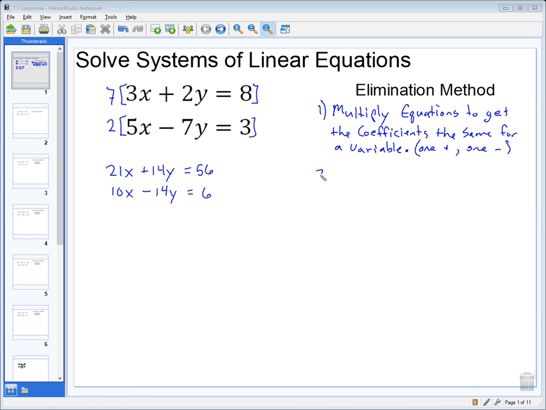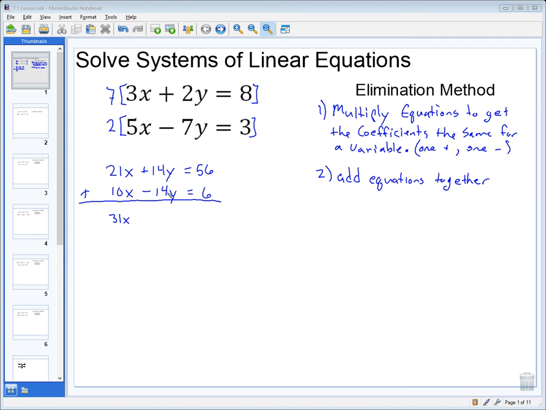Now, for the second step, I now have these two coefficients the same, so I want to add the equations together. If I add these together, 21x plus 10x gives me 31x.